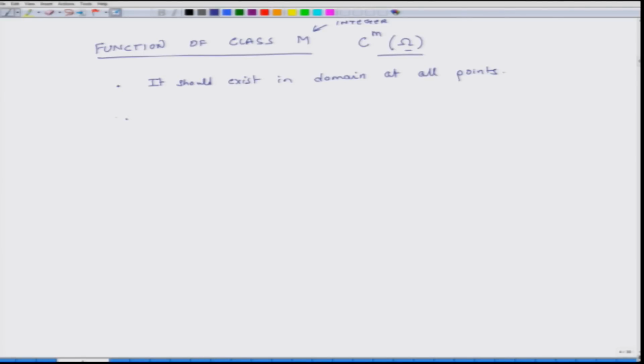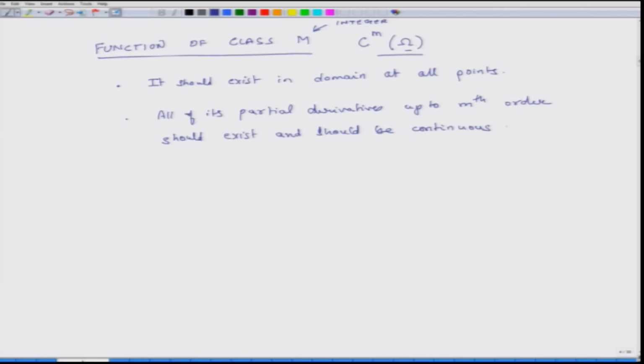And the second thing is all of its partial derivatives up to Mth order should exist and should be continuous in the domain.